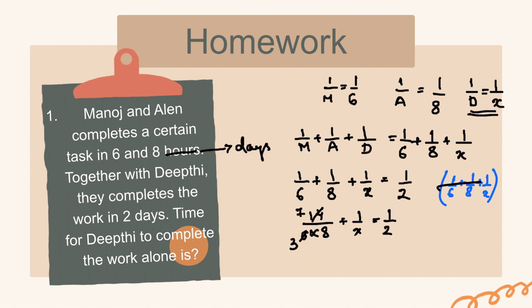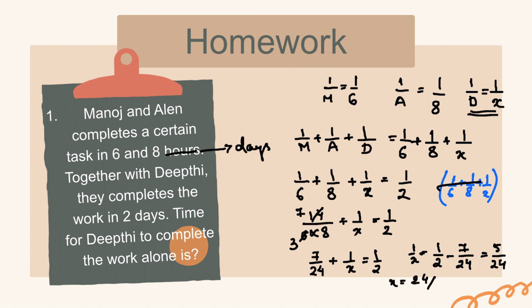What is the answer you are getting? 7 by 24 plus 1 by x is equal to 1 by 2, meaning 1 by x equal to 1 by 2 minus 7 by 24, which is equal to 5 by 24, right? That means x equal to 24 by 5, that is 4.8 is the answer. I hope all of you got 4.8.